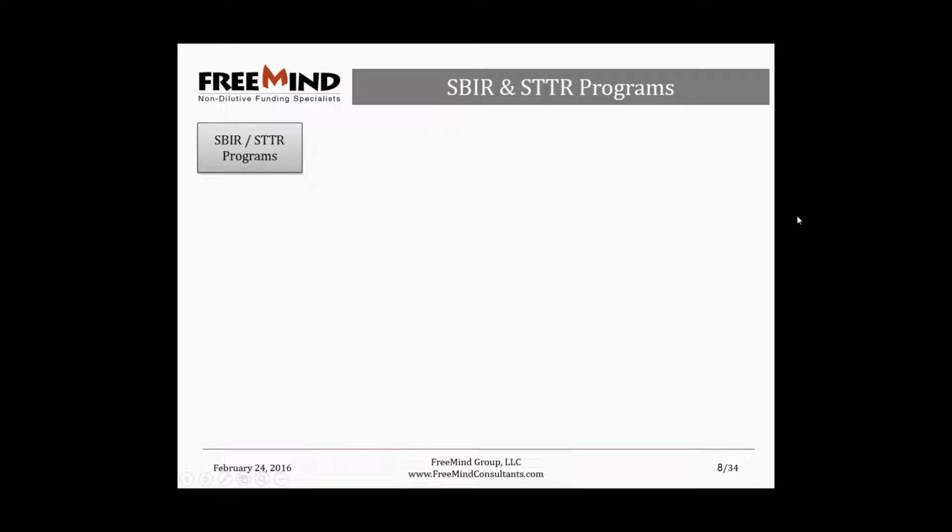If we were to talk about the SBIR and STTR programs, they are both congressionally mandated set-aside programs. Since 1982, any federal agency that funds R&D with a budget of over $100 million per year has to set aside a specific amount of that budget to fund the SBIR program.